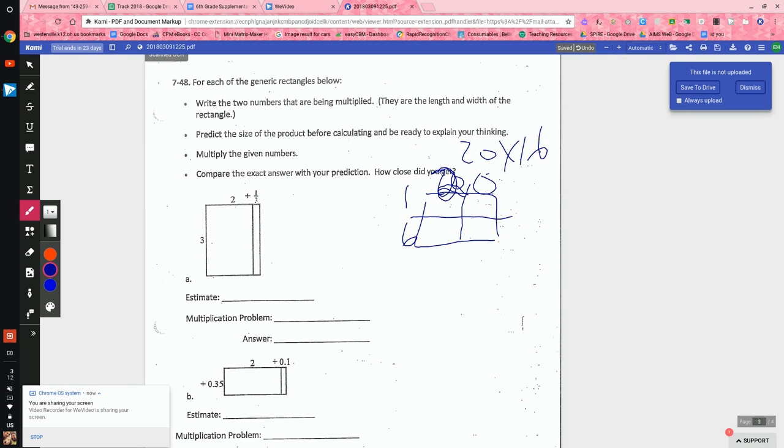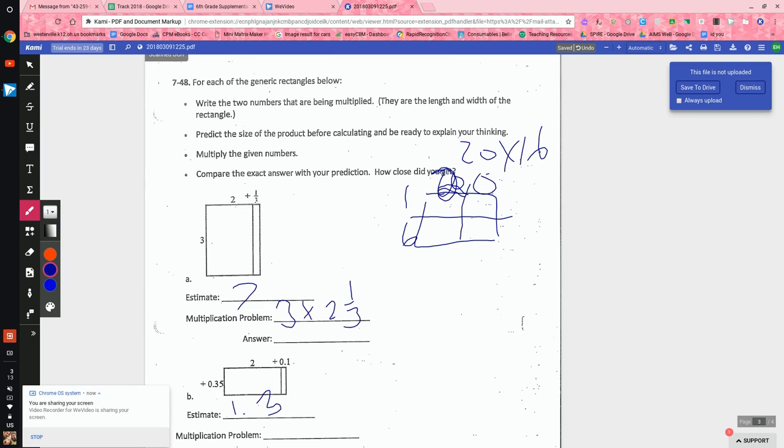No different here. So we have 3, it looks like, times 2 and a third. To guesstimate here, I know 3 times 2 is 6, so I'm just going to say 7. And for down here, I got 2 and 3. I'm multiplying by something smaller. I'll go like 1.3 would be my guess. The multiplication problem, like we said earlier, is 3 times 2 and 1/3.